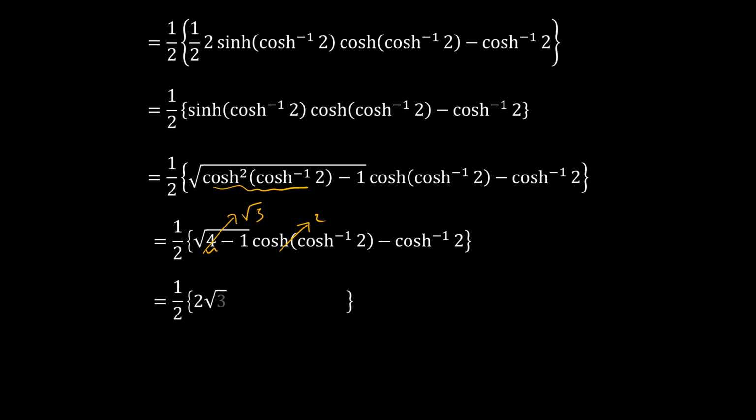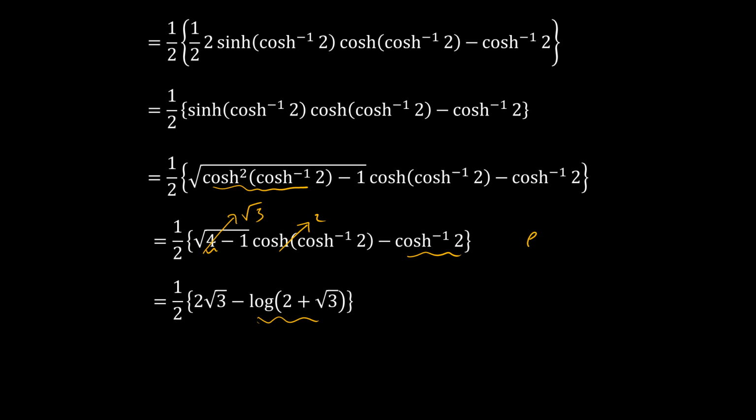So we have a half, times 2, times the square root of 3, minus half of the arc hyperbolic cosine of 2, which is the natural log of 2 plus root 3.